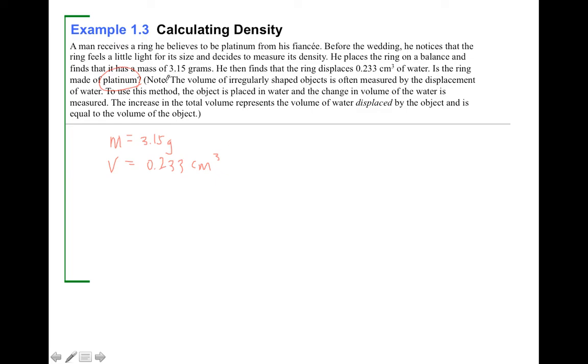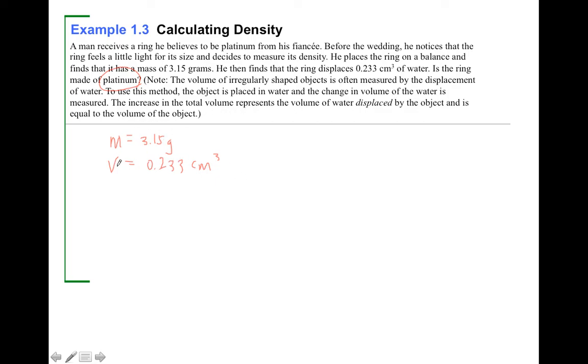Here's the point. The volume of regularly shaped objects is often measured by the displacement of water. To use this method, the object is placed in water and the change in volume of the water is measured. And the change in volume is going to tell you what the object's volume is, right? The increase in the total volume represents the volume of water displaced by the object and is equal to the volume of the object.